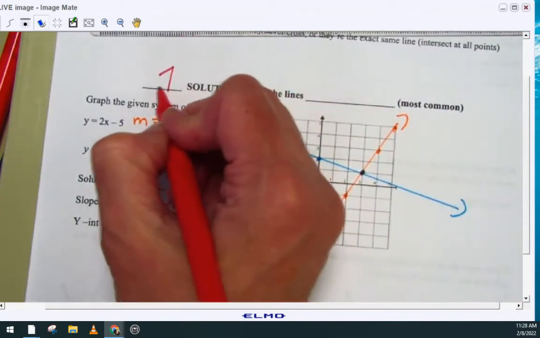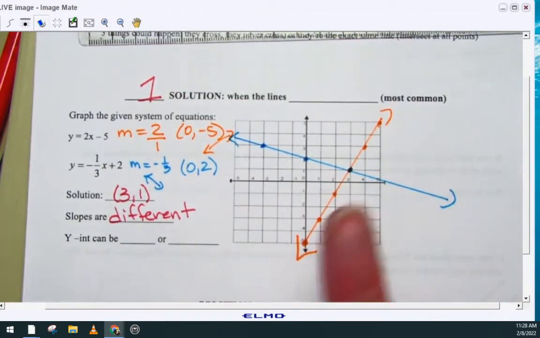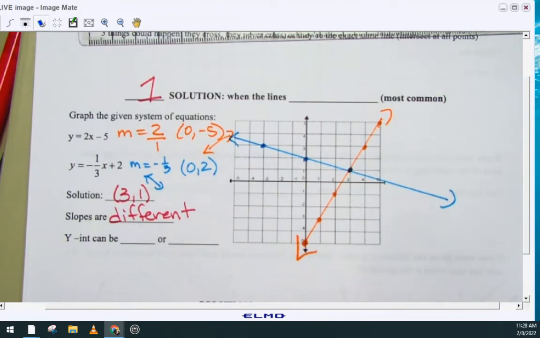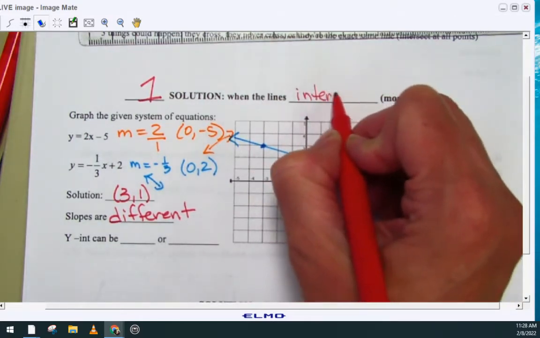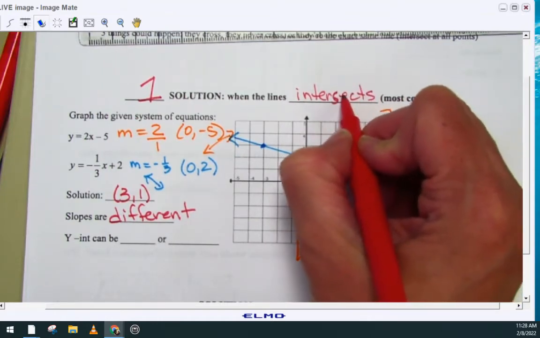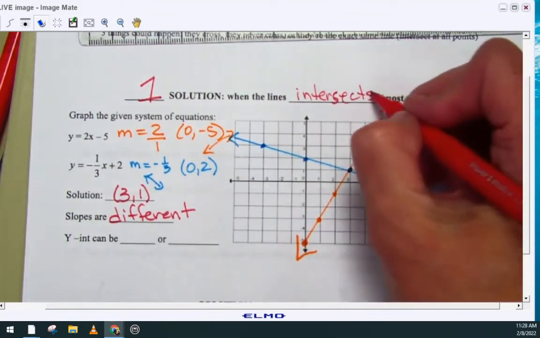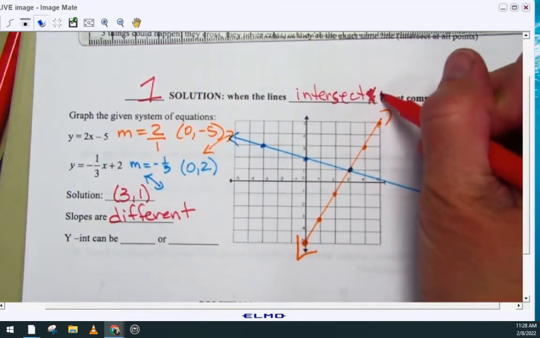If we have one solution, the lines run into each other one time. When the lines intersect, they are only going to intersect once for one solution.